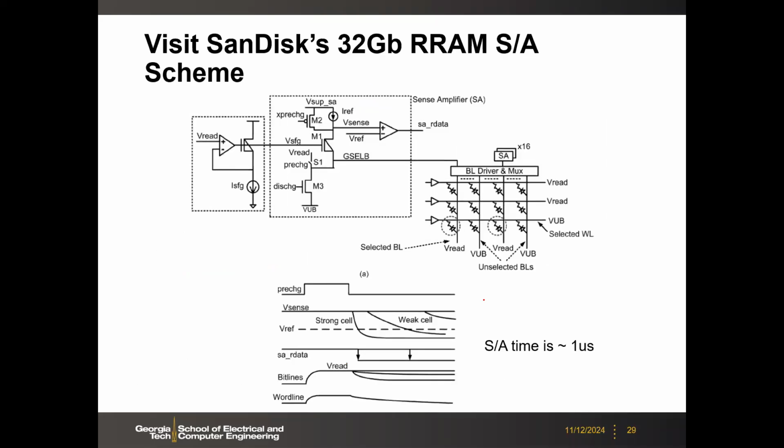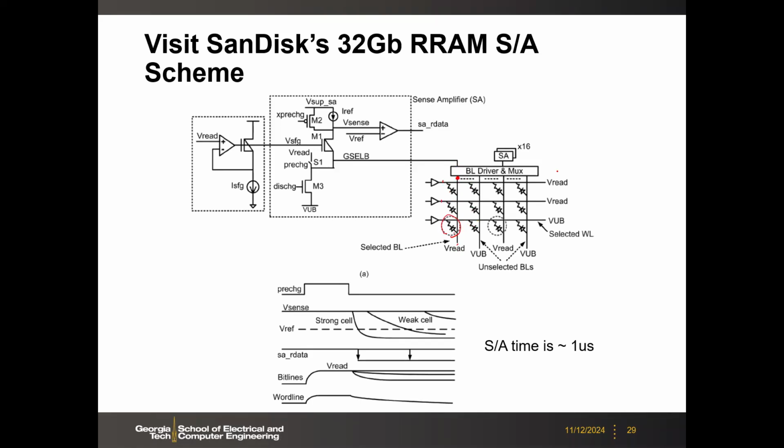So here it shows some details of the peripheral circuits, in this case the SenAmp. Here it has, I believe, voltage mode sensing. So you have this cross-point array, and then you have the read voltage. You apply this read voltage here to the selected cell, and depending on this, you also have to bias the others.